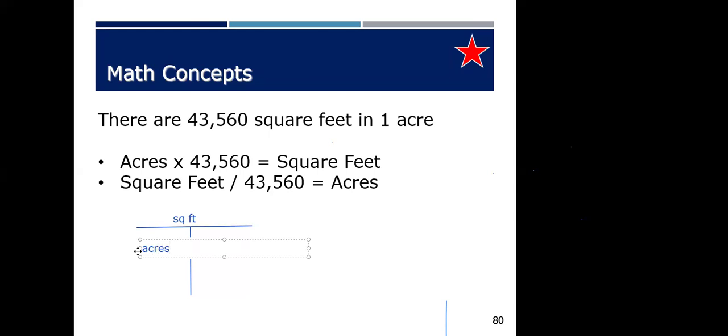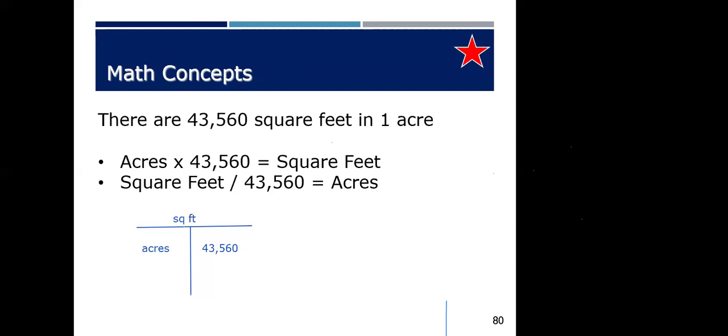It still works the same, where the back and forth line means divide. The up down line means multiply. It still works the same way. We're just not dealing with rate or percent. And again, whether you use the T-bar or the formulas, they're not going to give you that number. So no matter what you do, you need to know that 43,560.